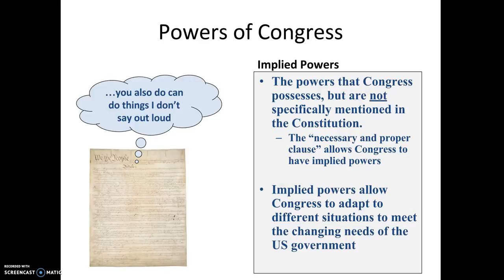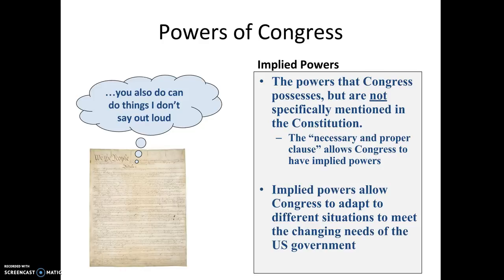The second category of power that Congress exercises is implied powers. Implied powers are not specifically mentioned in the Constitution, but they're things that Congress can do anyways. The reason why Congress has permission to exercise implied powers is because there's a part of the Constitution called the Necessary and Proper Clause, which says that Congress can do those things that are necessary and proper to exercise its express powers.